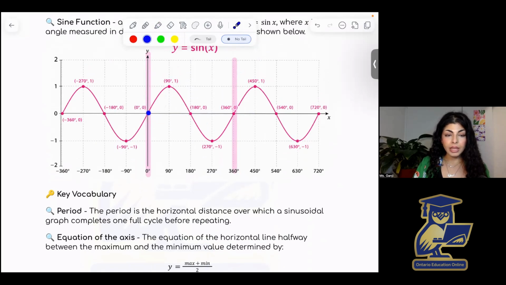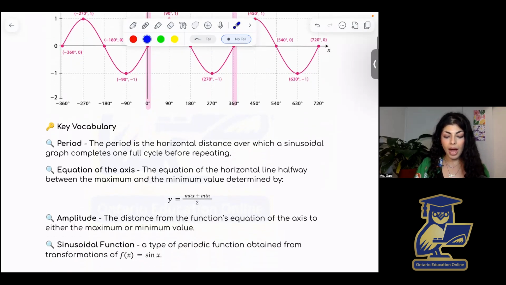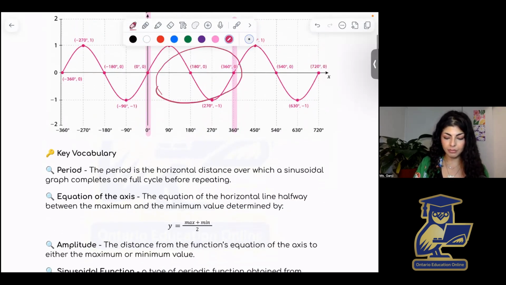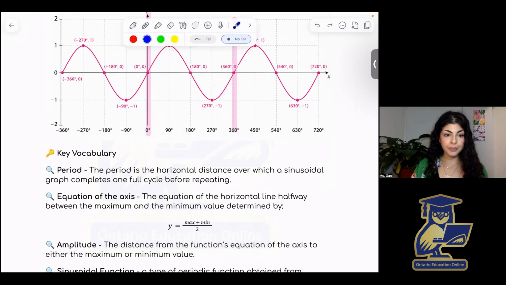The maximum occurs at value 1, and the minimum occurs at -1. So the horizontal line that's halfway between these is actually the x-axis in this case. And the equation of the axis will also be the x-axis, so it will be y is equal to 0 in this function.